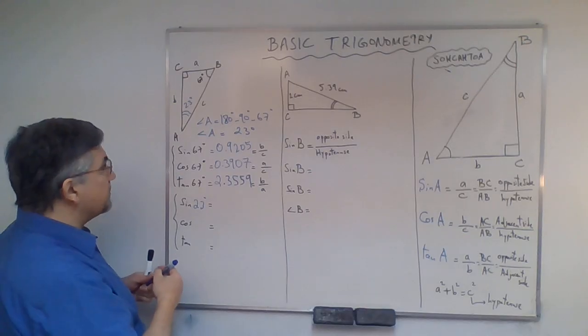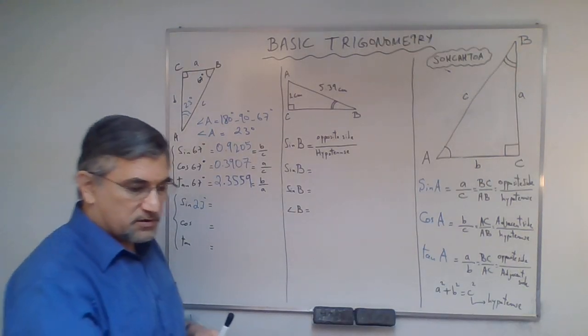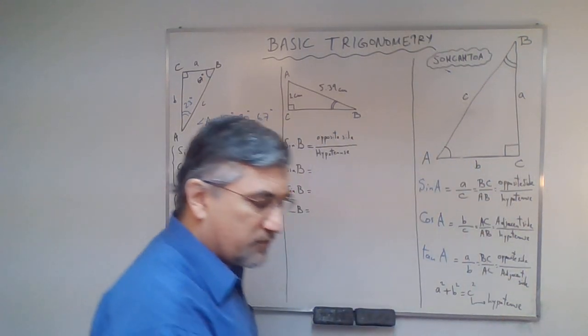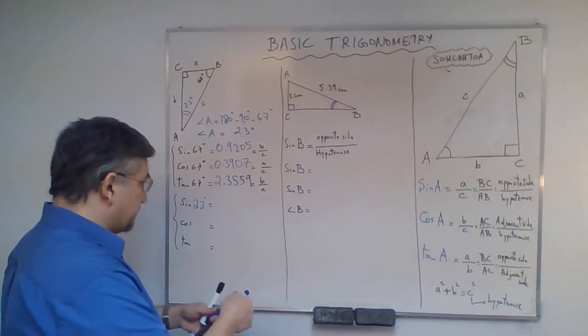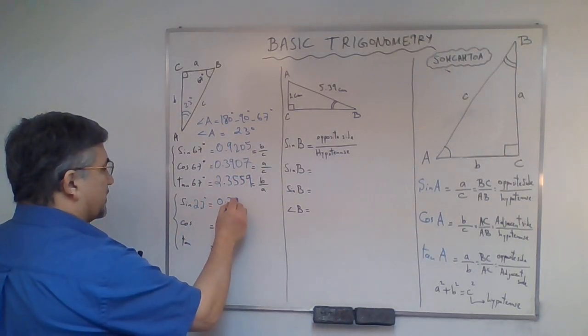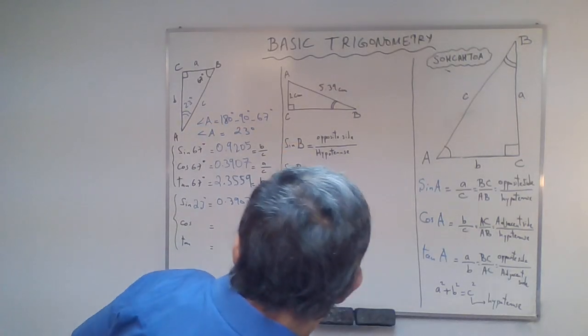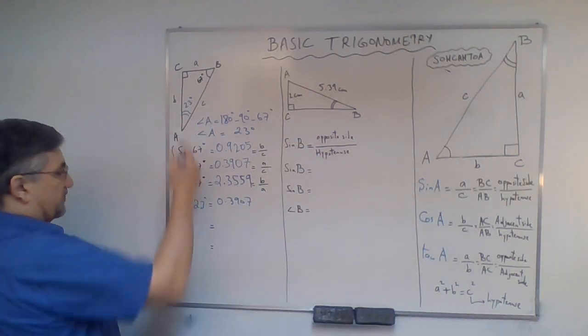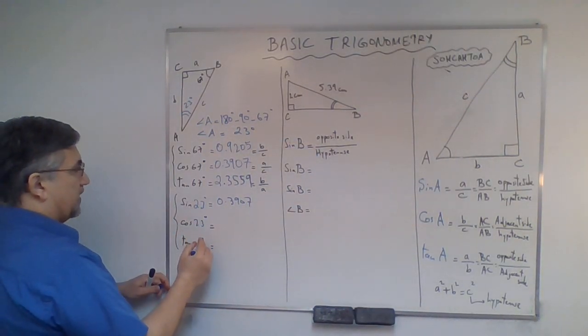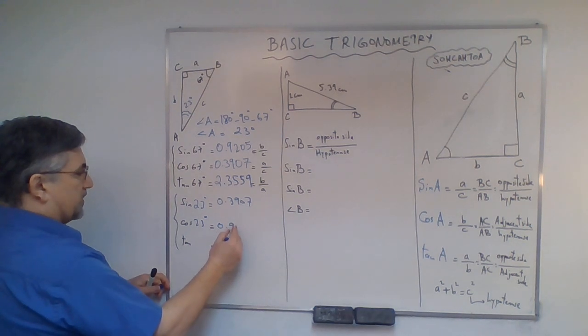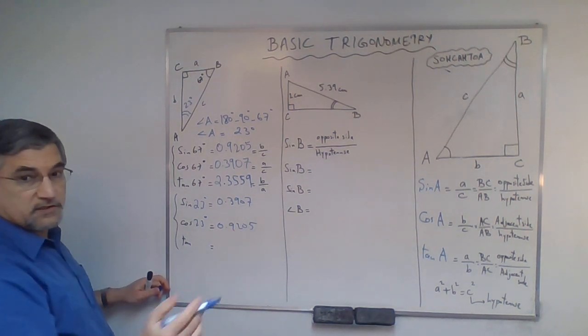So sine of 23. I press the button on the calculator to see what sine of a 23 degree angle is. I get 0.3907. And then I'm going to find cosine of a 23 degree angle. And that will be 0.9205. Use the calculator.